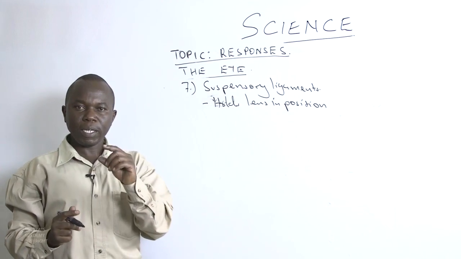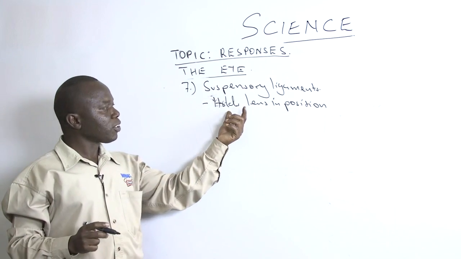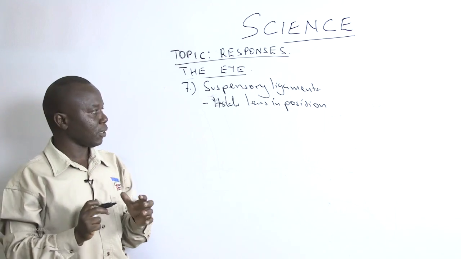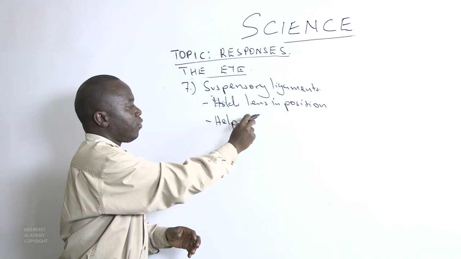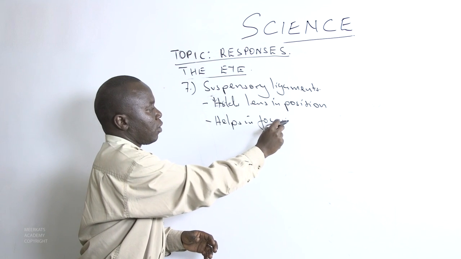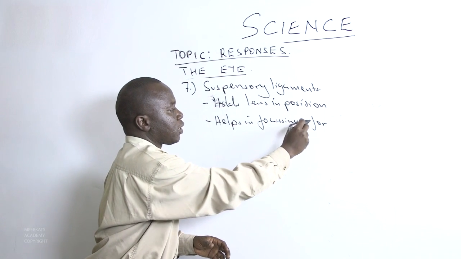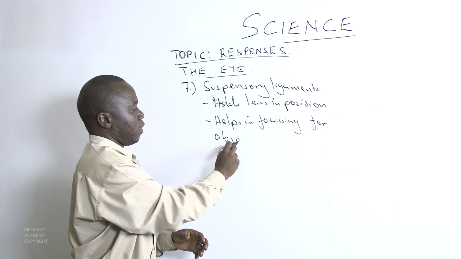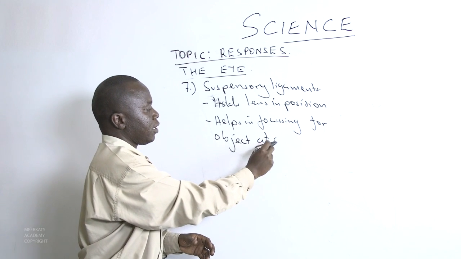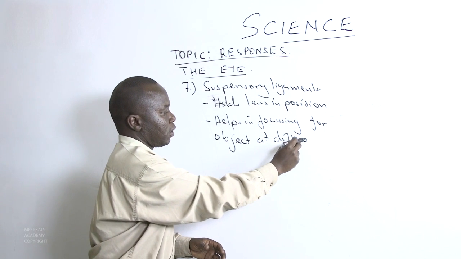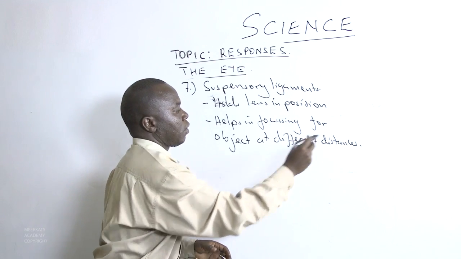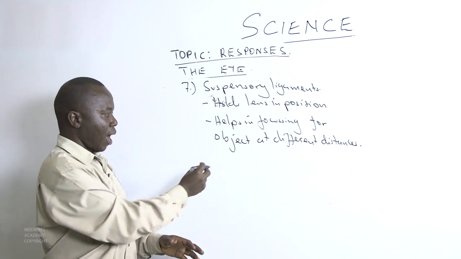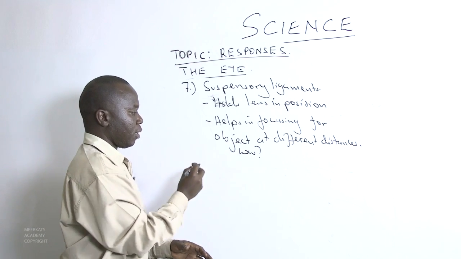But that's not the only role. We have also said that it helps in focusing for objects at different distances. We can go through it again. How does this one happen?